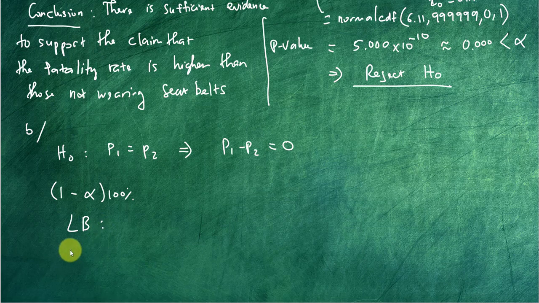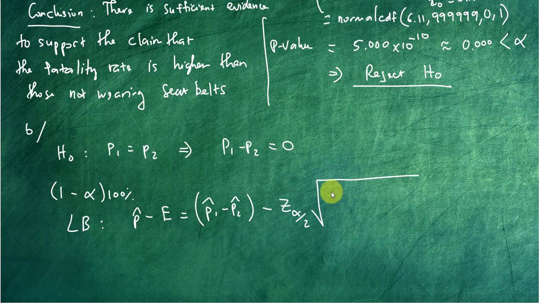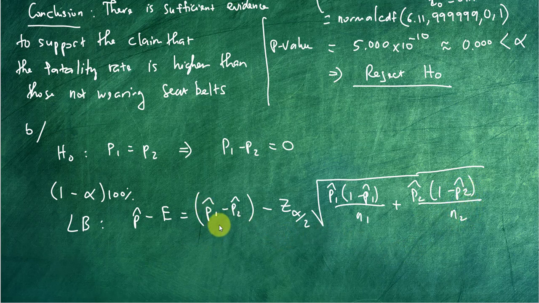So this is the lower bound formula, which is P hat minus E, margin of error, and that is the same thing as P hat 1 minus P hat 2, minus Z alpha over 2, the critical value, and then take the square root of P1 hat times 1 minus P1 hat over N1 plus P2 hat times 1 minus P2 hat over N2. So that is the lower bound.